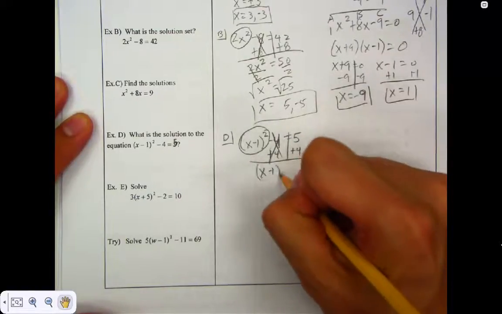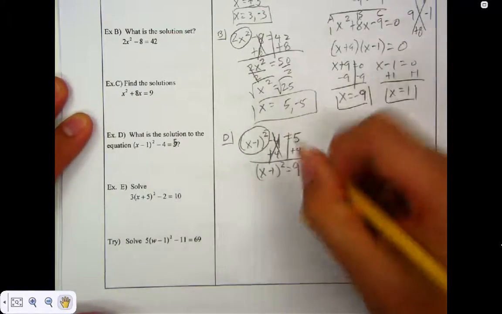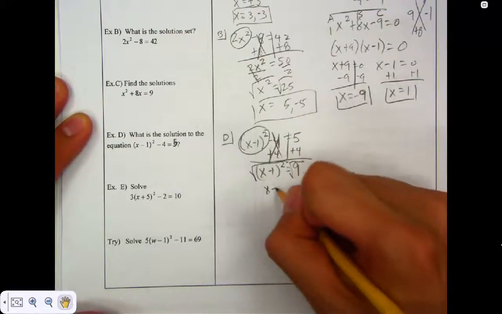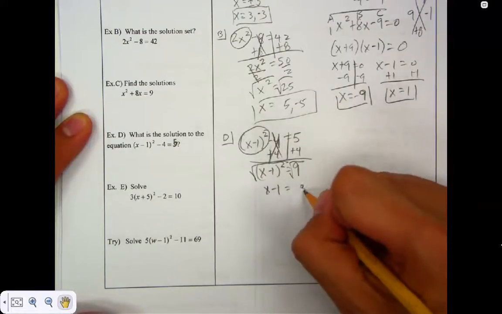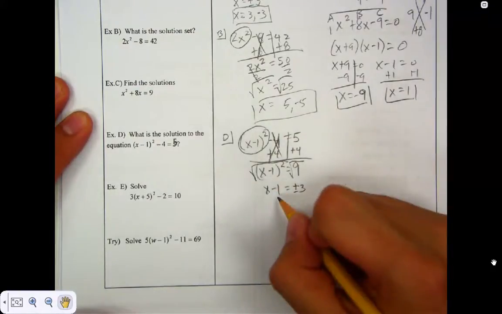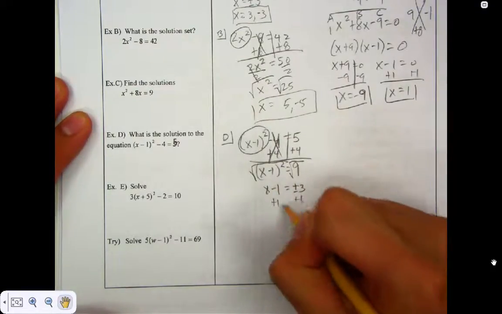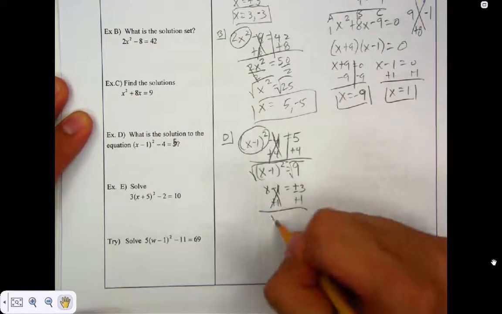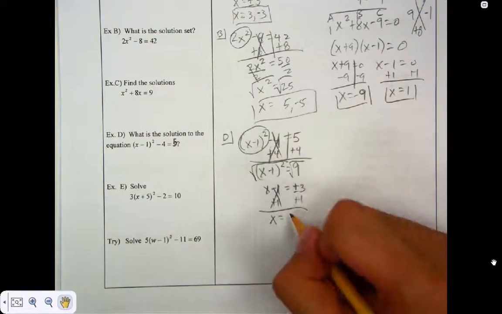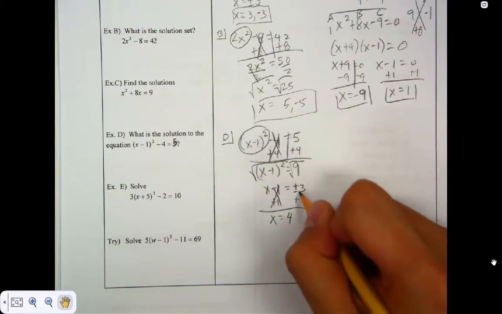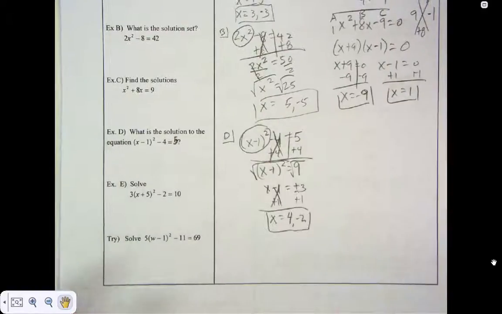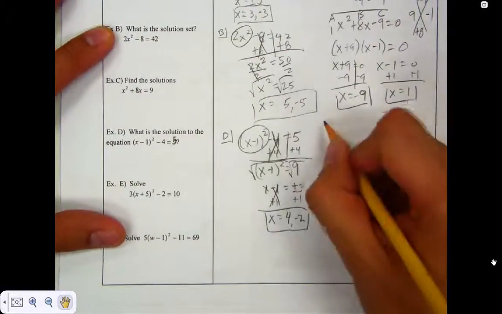X minus 1 squared equals 5 plus 4, which is 9. To get rid of the square, I'm going to square root both sides. x minus 1 equals, the square root of 9 is 3. Don't forget your plus or minus. To get rid of subtract 1, you add 1. Now, a lot of you guys don't know plus or minus. This means positive 3 plus 1, which is 4. Negative 3 plus 1, which is negative 2. So my answer is 4, negative 2.